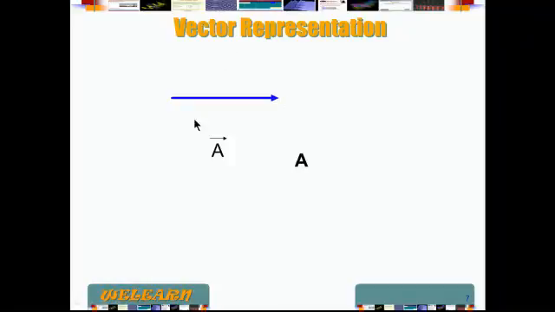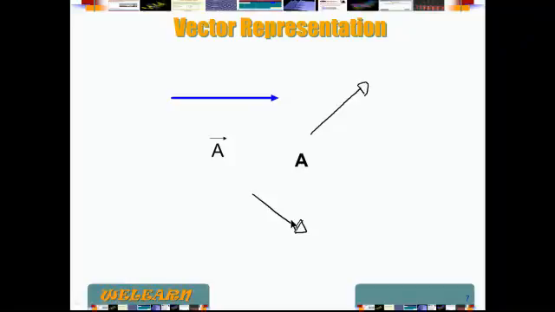That's the way we represent a vector graphically. If this was pointing at a different direction, like this way, okay, let me draw one. For example, this one is a vector pointing in that direction. This one is a vector pointing in another direction, etc.